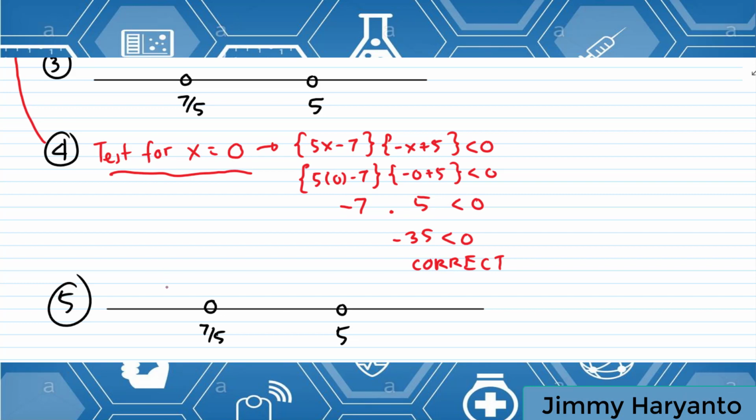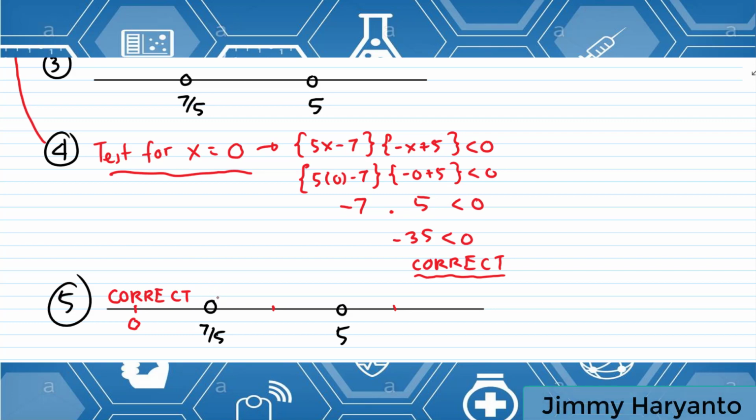Now I want to ask you, where is 0 in this number line? Is it here, or maybe here? 0 is less than 7 over 5, so 0 is right here. And for 0, the result is correct. So I can write that this area is correct.